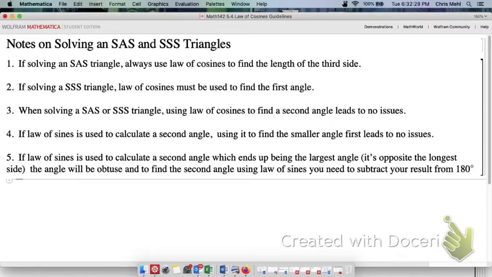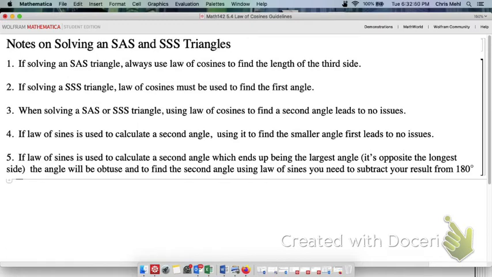So I try to avoid the situation in number 5 happening. That's why I always revert you back to step 4. If you're going to find another angle, make sure you are solving for the smaller of the 2 remaining angles so that you have no issues.